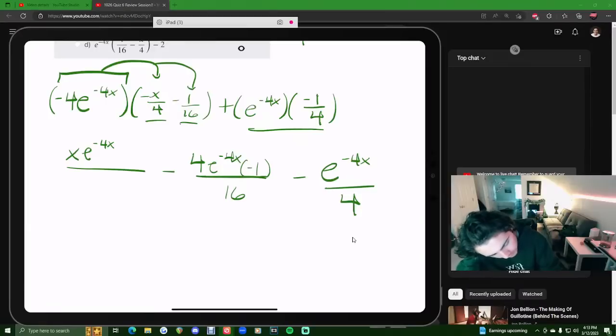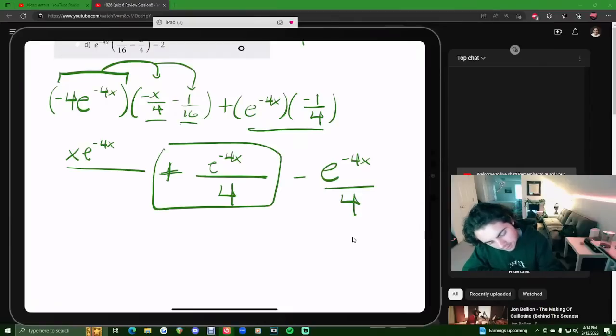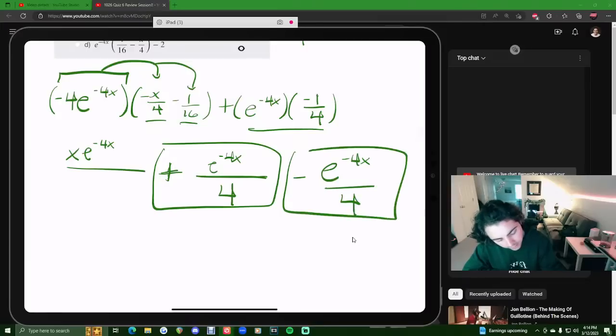And then we have a negative times a negative, so here I'll go ahead and call this all positive. And then we have 4 over 16, which translates to 1 over 4. And now we can see that we have a positive e to the negative 4x over 4 minus e to the negative 4x over 4.